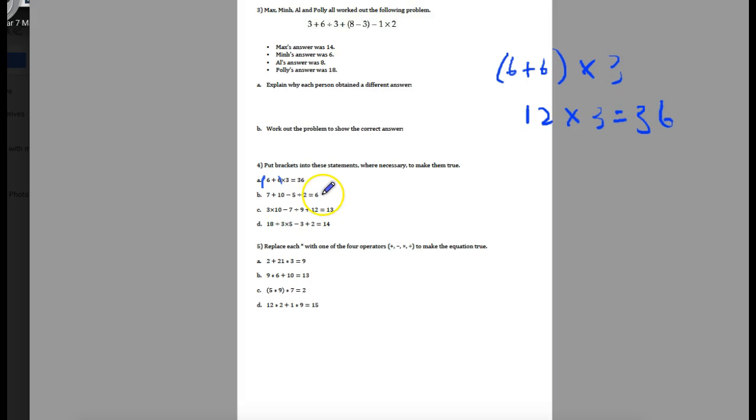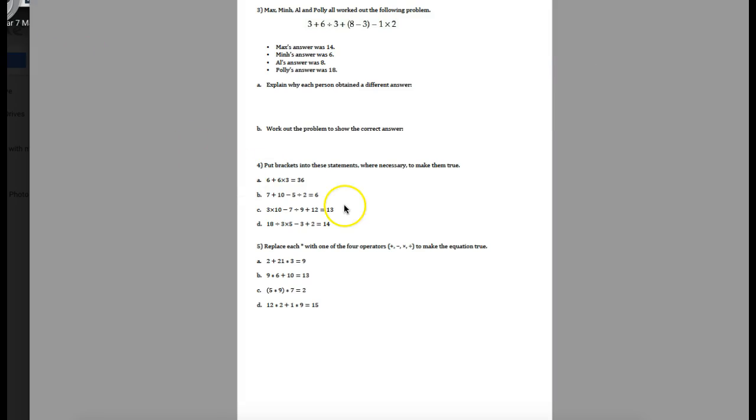If you've got a low number like this 6, you need to think about where the brackets will go to give you a low number. Also here I can see 5 divided by 2, which is 2.5, and my answer is a whole number, so I probably wouldn't have brackets around that division. These are things you need to think about when answering this question.